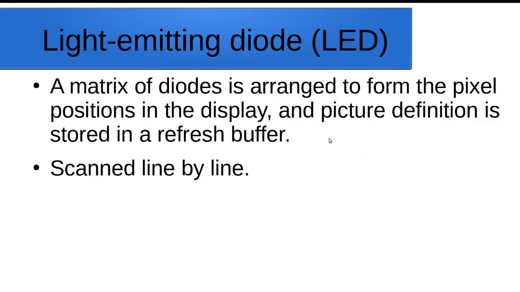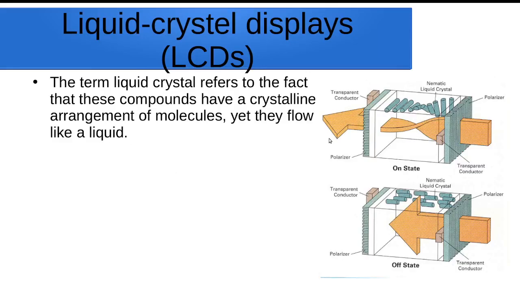If we have to understand more about non-emissive displays, a very important example is LCDs. Here in LCD we have to understand that we are using liquid crystal. Here you can see they are nematic liquid crystals. Usually they are in the on state, arranged in a particular way.